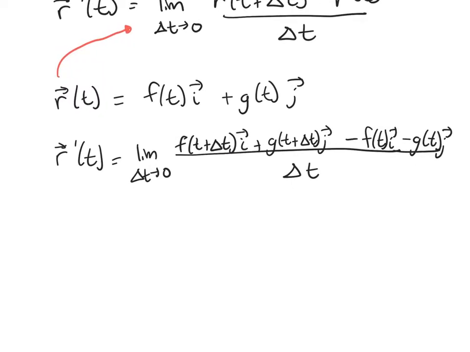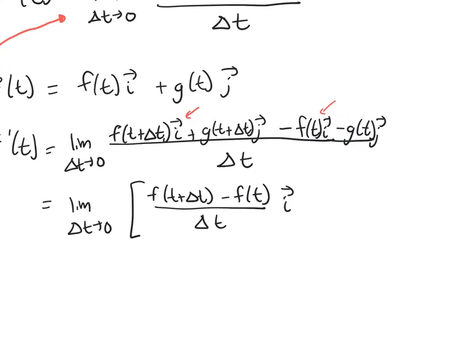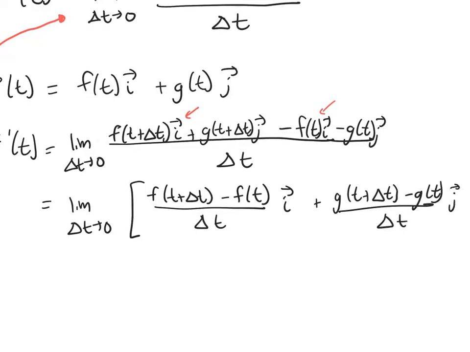And so then in the numerator, we can combine up the i terms. As the limit as delta t goes to 0 of f of t plus delta t minus f of t over delta t i, plus g of t plus delta t minus g of t over delta t j.